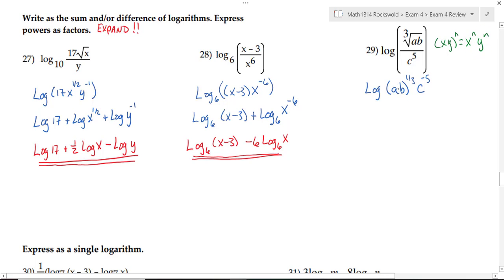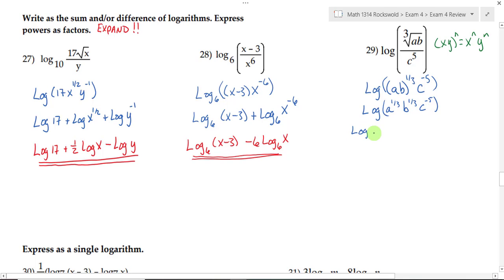That's the property that I'm going to use right here to rewrite this. So I'll rewrite this as log of a to the 1/3 times b to the 1/3 times c to the negative 5. How many logs will I have added together in my final answer? 3 of them, because I've got 3 terms here that are multiplied together in the argument.